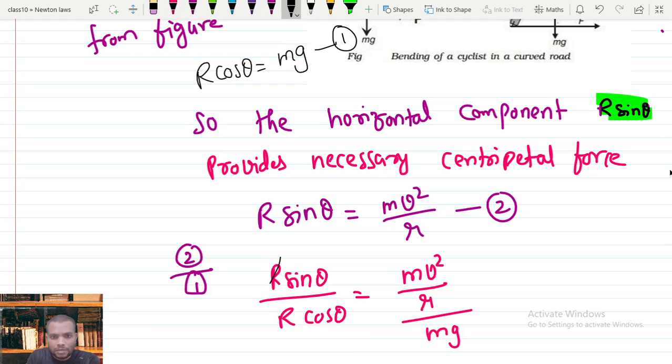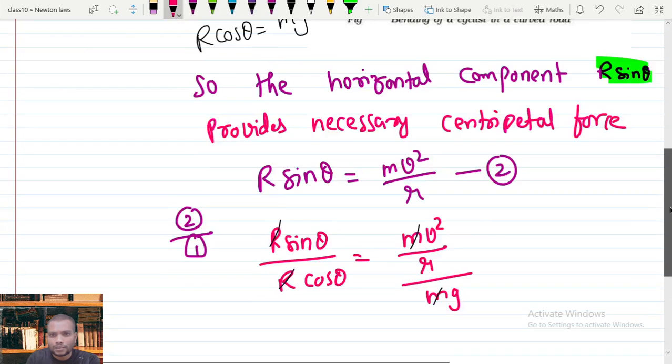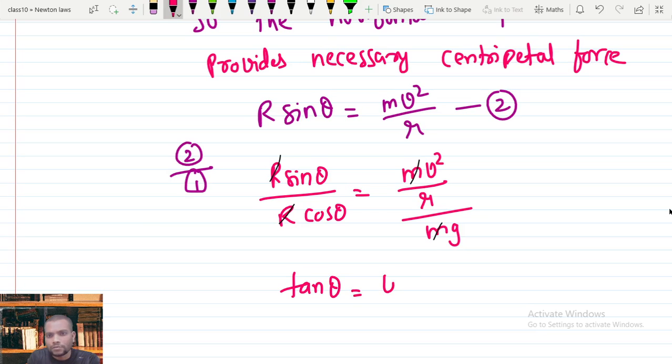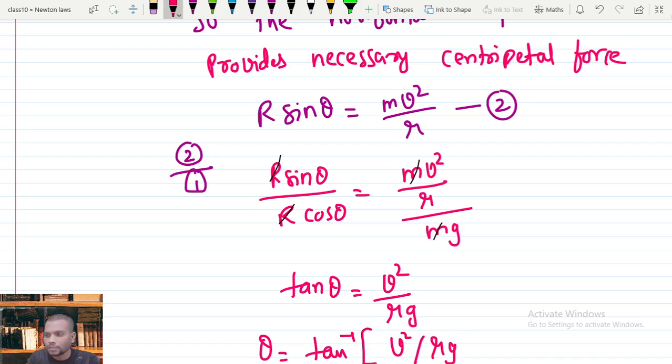Now cut the like terms on both sides: R gets cancelled and mass gets cancelled. The remaining expression is sin theta upon cos theta, which we write as tan theta. Tan theta equals v square upon rg. So from this we can write theta equals tan inverse of v square upon rg.